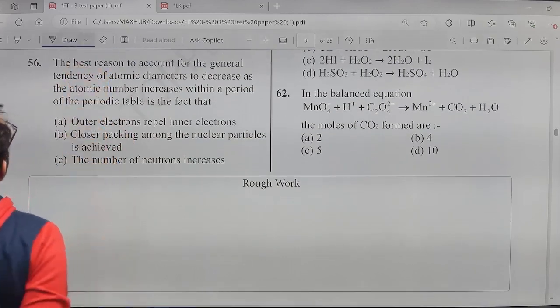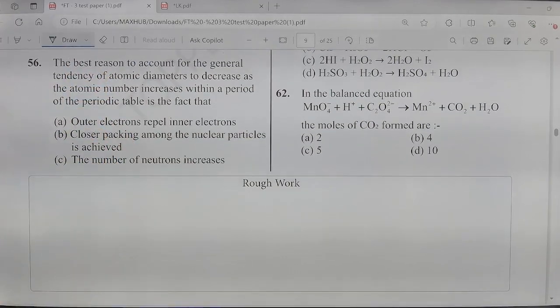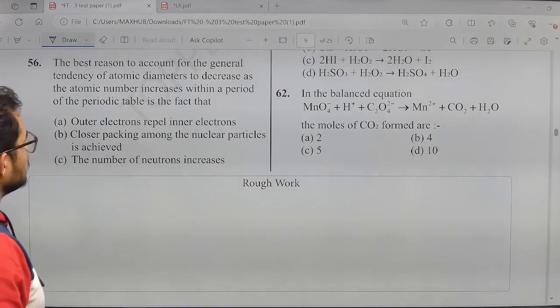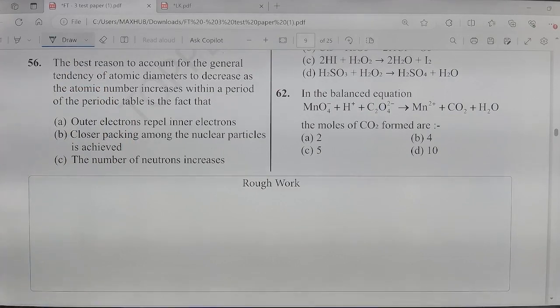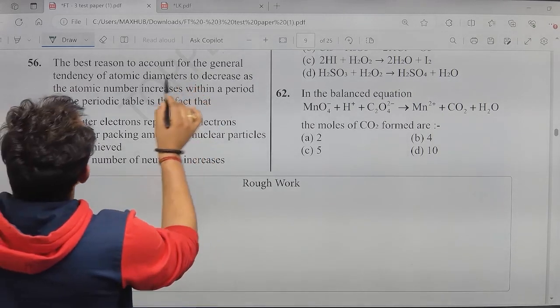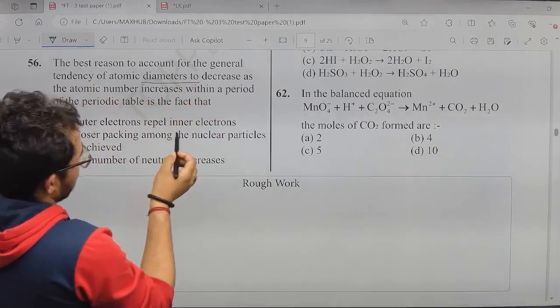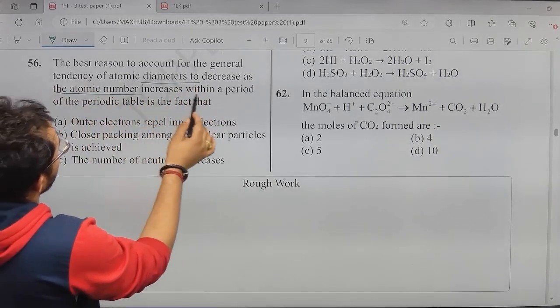Now question number 56. The best reason to account for the general tendency of atomic diameters to decrease as the atomic number increases within a period of the periodic table is the fact. The best reason to account for the general tendency of atomic radius to decrease as the atomic number increases within a period.